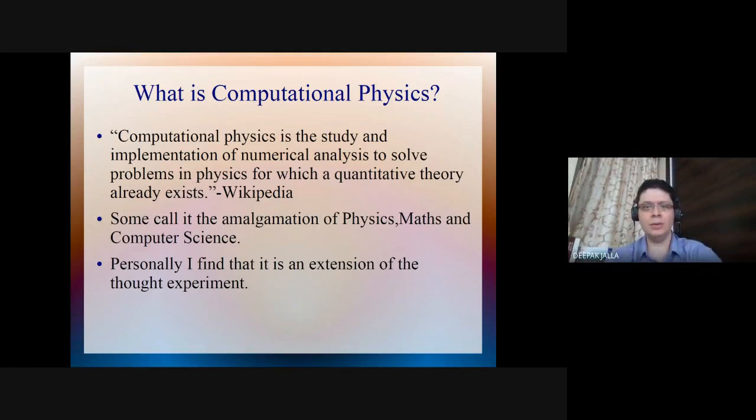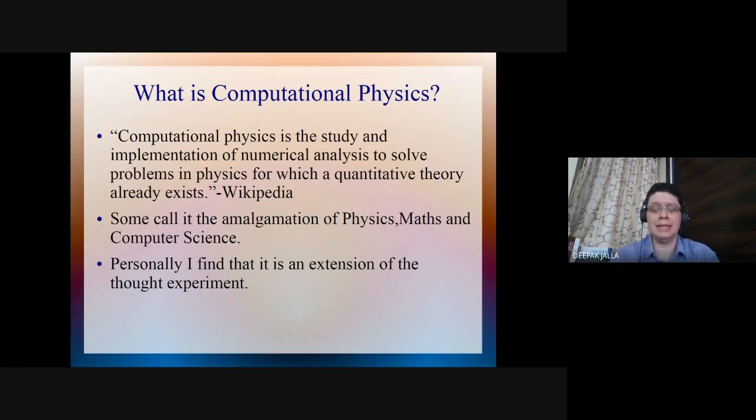It is quite well known, right? So you can either take the Schrodinger picture, the Heisenberg picture, or the interaction picture, whichever suits you or your application. Its mathematics and its formalism is pretty well defined. You don't have to invent anything there. So that is what is meant by problems in physics for which a quantitative theory already exists.